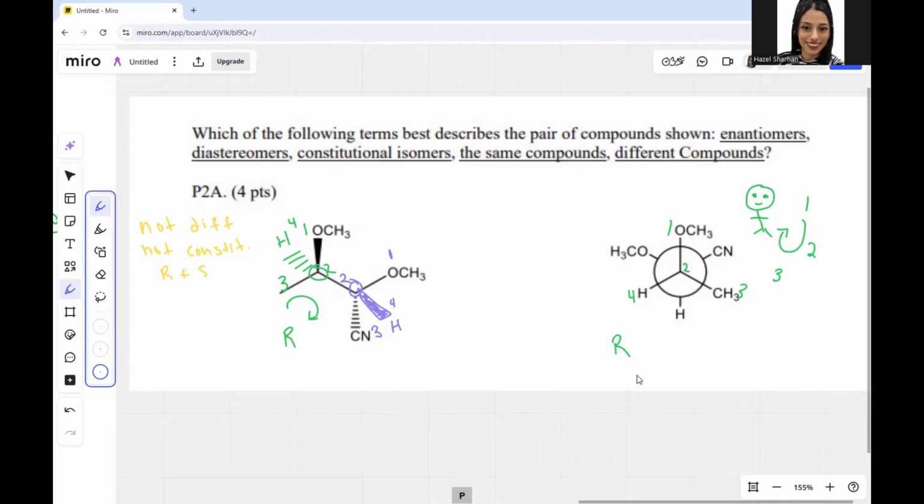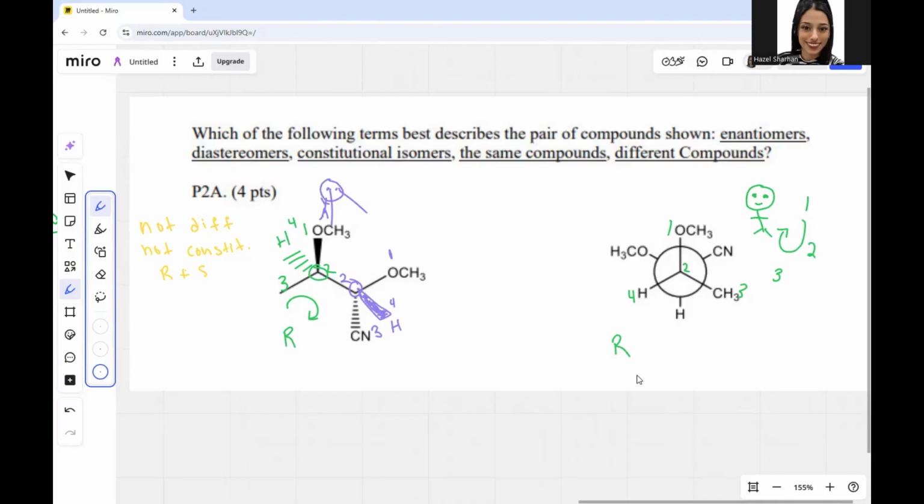Or you can draw someone looking at it from the perspective where hydrogen is facing away from them. So maybe someone over here looking at it from this perspective. I draw a very tiny body, very big head.